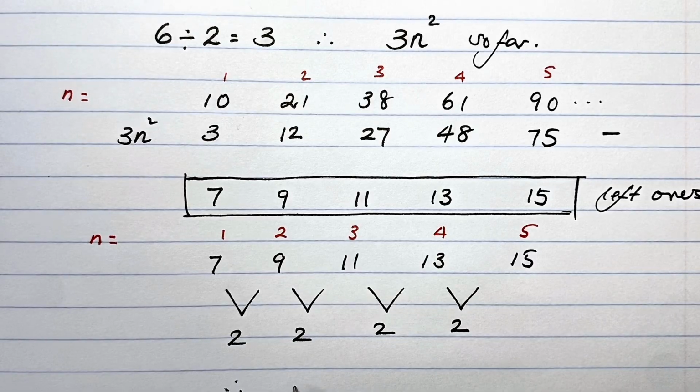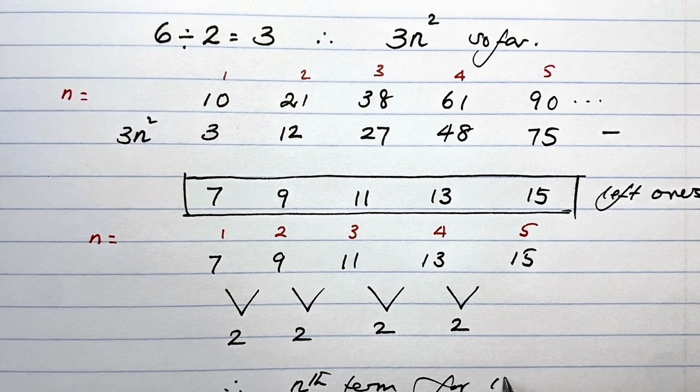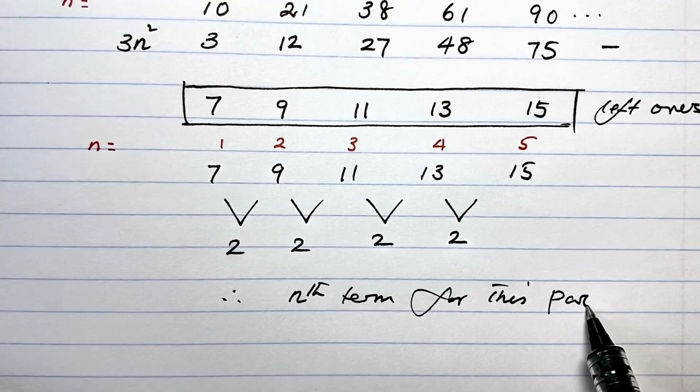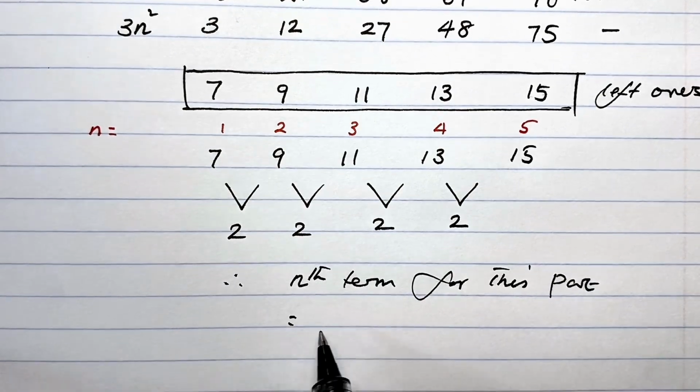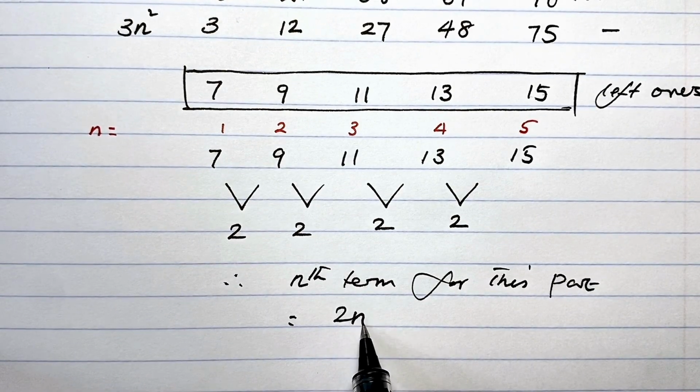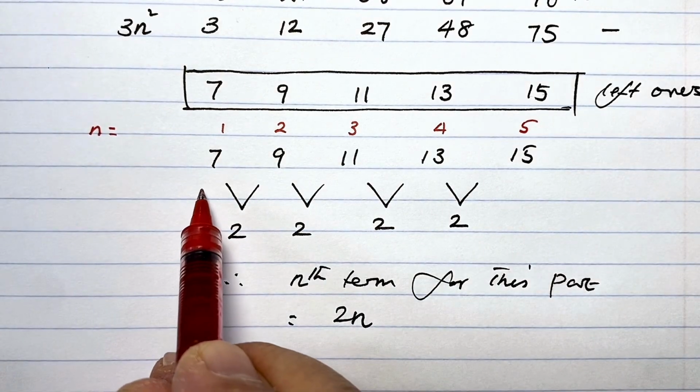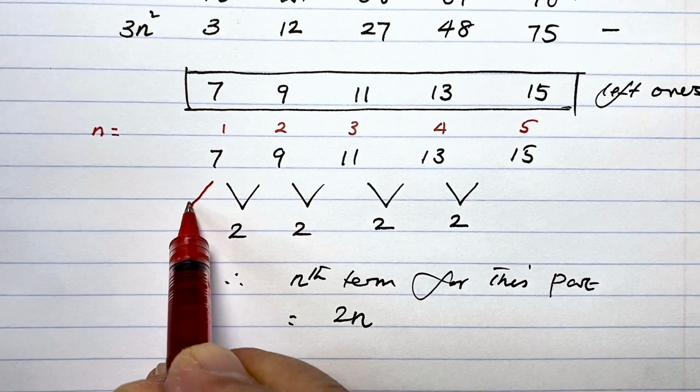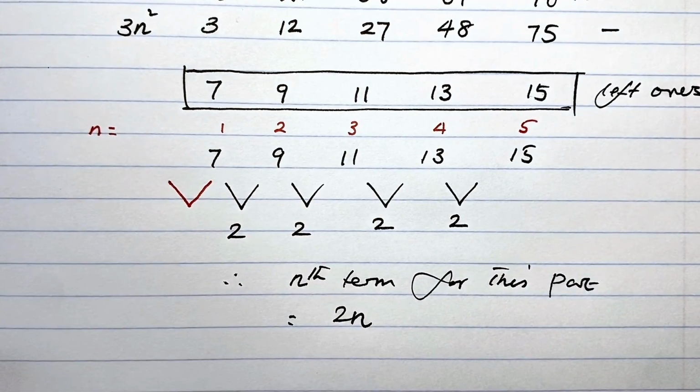Therefore, nth term for this part equals 2n. Is that complete? Look, or the first example I gave you on linear or arithmetic sequence.